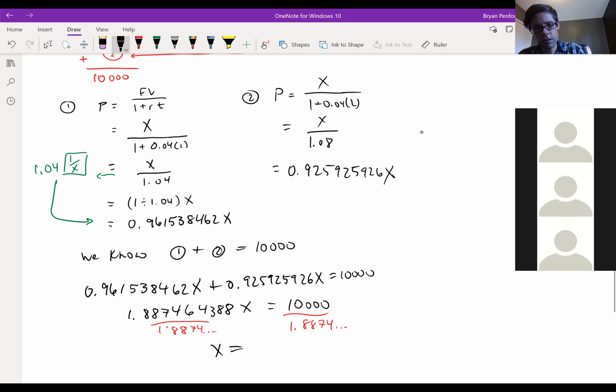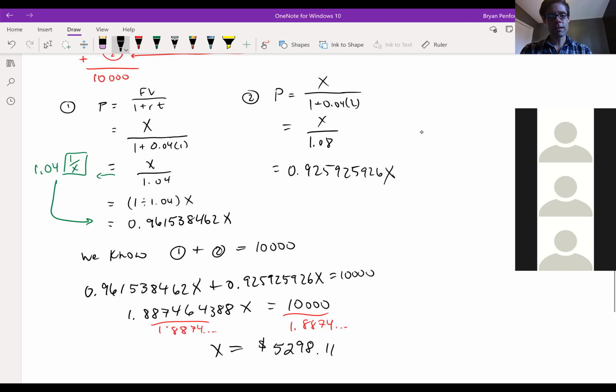Looks like we're coming out to the same final answer here, $5,298.11. So each of the equal sized payments that we're going to receive from this investment, one that's going to happen 1 year from now, the other one 2 years from now, both of those payments are going to be $5,298.11 big.